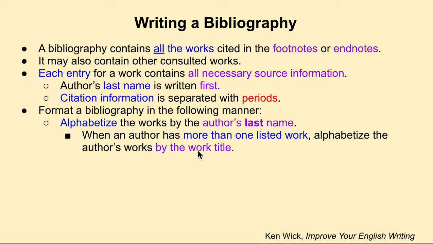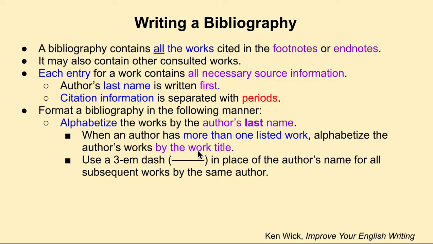So if you had 3 works from John Smith, it'd be Smith, John, and then would come the work titles, and you would alphabetize his 3 works by the work title. Of course, you don't alphabetize by the word "the" if a title starts with it.